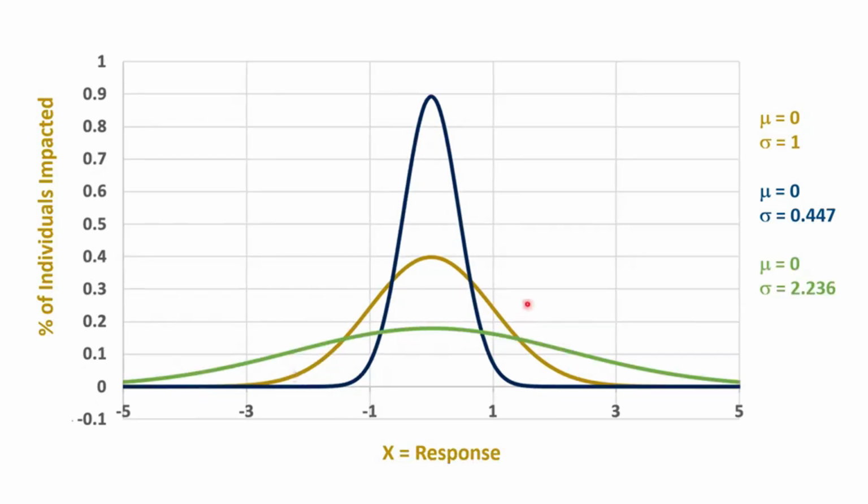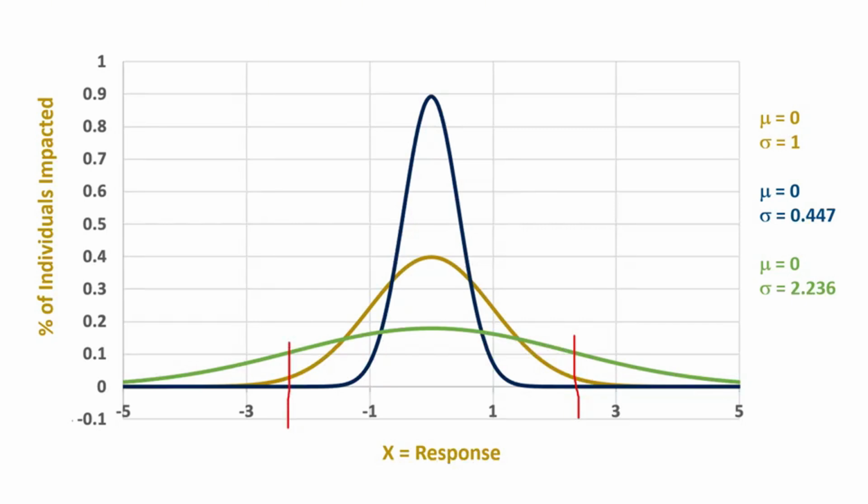Let's look at the opposite scenario where, again, the mean is 0, but my standard deviation is much larger, in this case 2.236. So I see here a much broader curve, right? And again, the same rules apply for a normal distribution. If I look at plus or minus 1 standard deviation, so if I were to draw a line at, say, about 2.2, so let's say that looks to be, very approximately about here, and over on this side, about here, right?